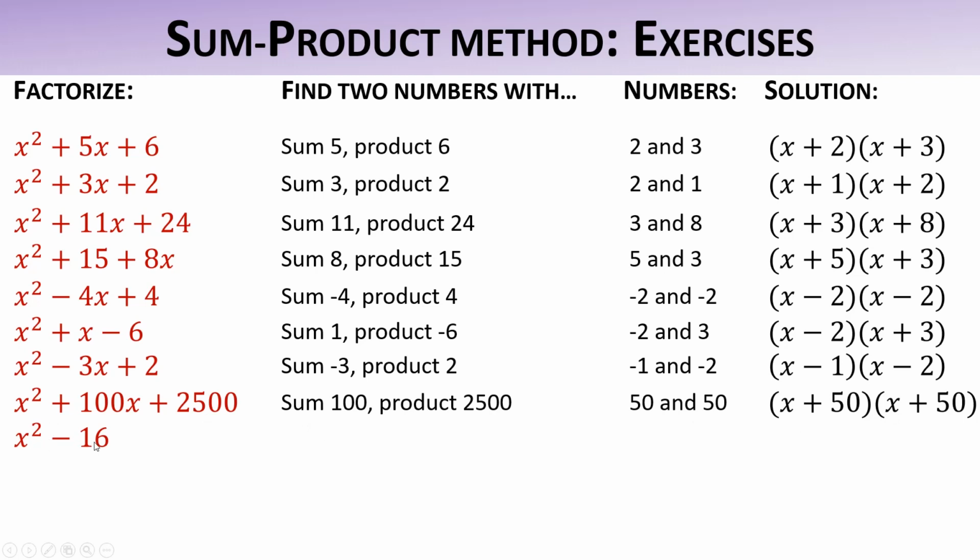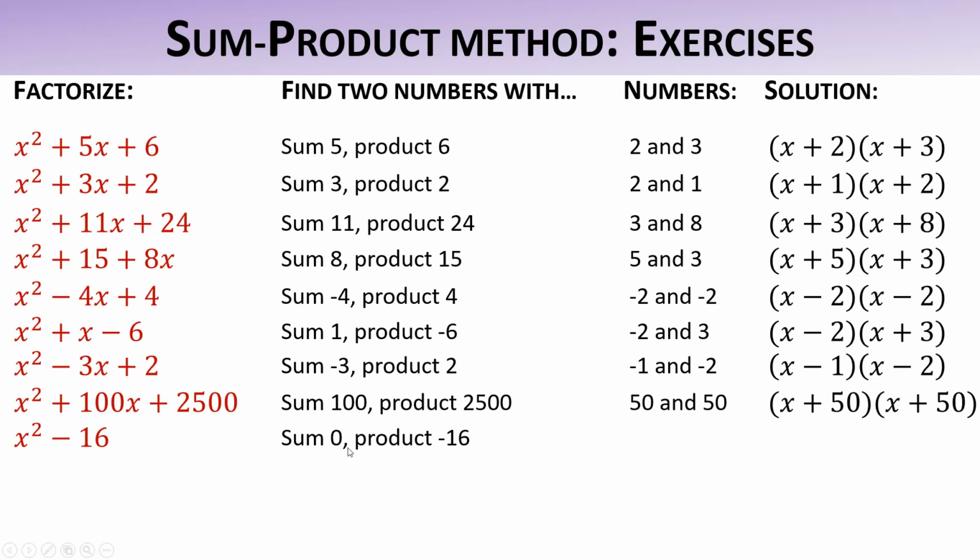x squared minus 16. So here the separate number is minus 16, and that's always our product, right? So the product of my two numbers is going to be minus 16. And the sum, in this case, is actually going to be 0, because we don't have any term at all with an x in it. So when I added those two numbers, when simplifying in the end, I got 0 as my sum.